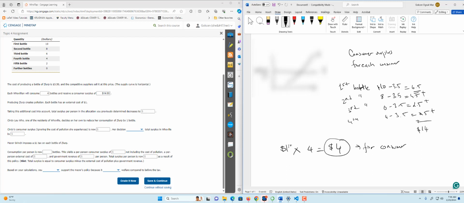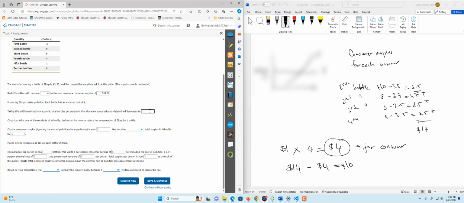So each consumer's surplus is 14 minus 4, therefore $10. Taking this additional cost, total surplus per person decreases to $10.